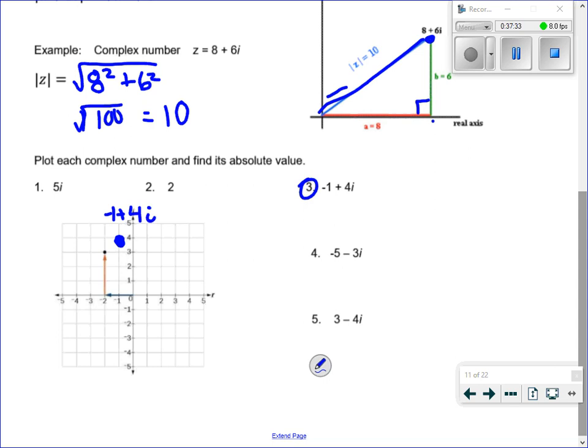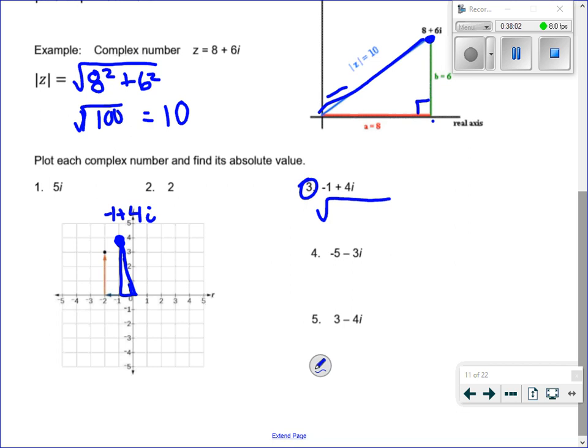As a reminder, you're not being tested on this stuff, but it's a good connection from future to past math classes. If you wanted to find that absolute value, that distance to 0, once again, you can use the Pythagorean theorem.